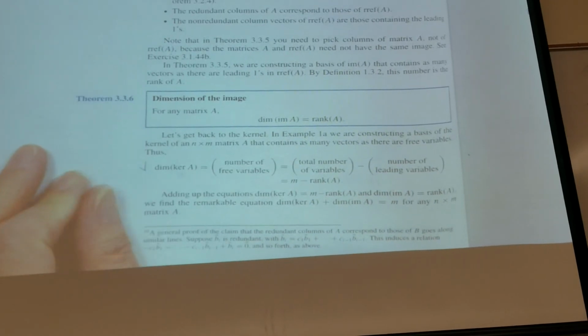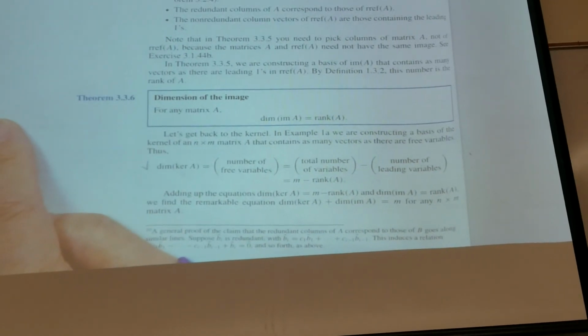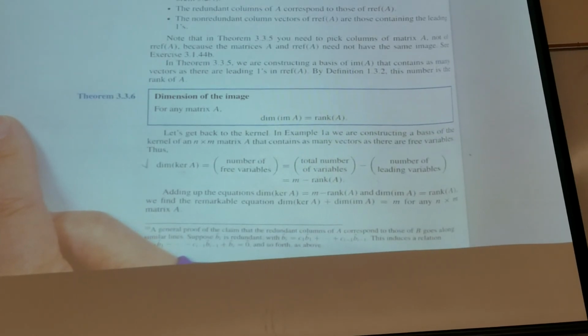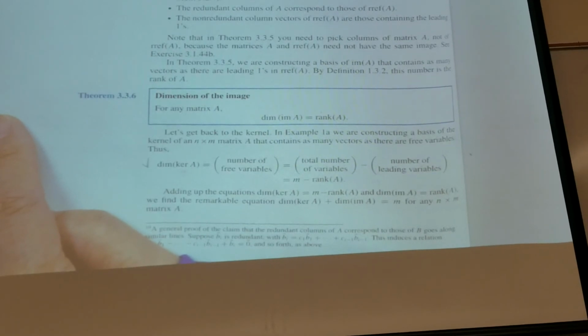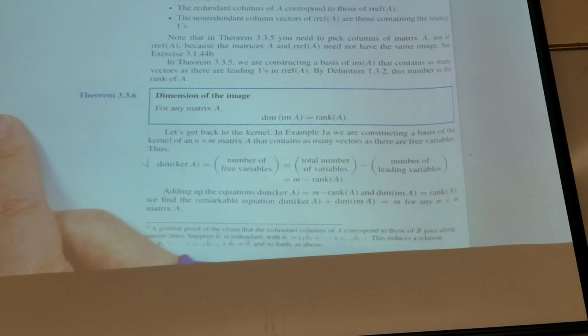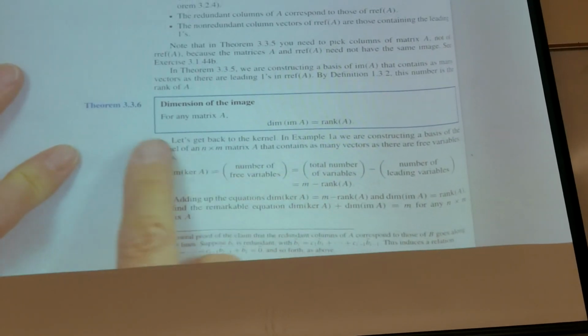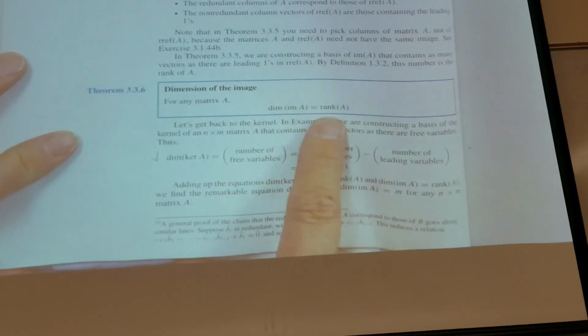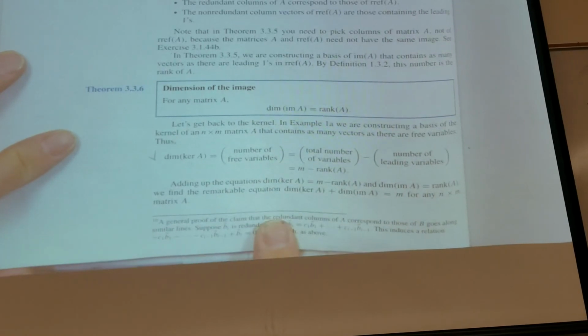For this particular problem, we have A1, the first column, and then the third column left, right? So those two vectors form a basis of the image of A. The number 2 is equal to the number of leading ones, right? The number of leading ones is called the rank. So that's why they have this box. Dimension of the image of A is the rank of A.